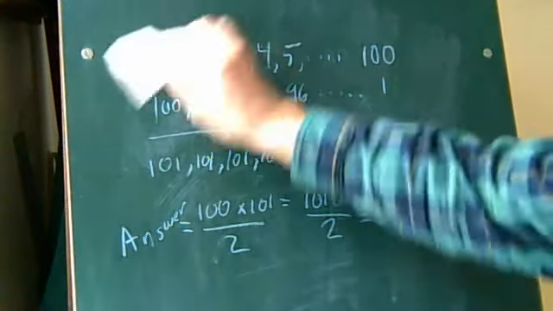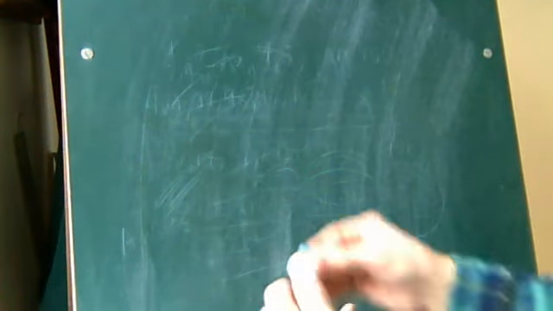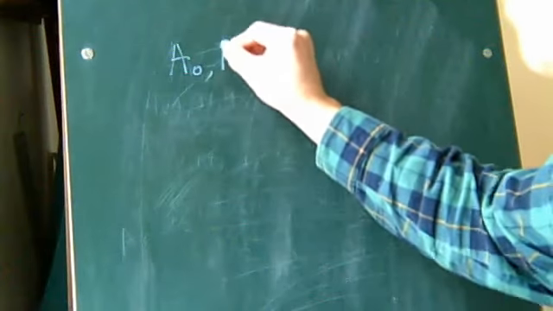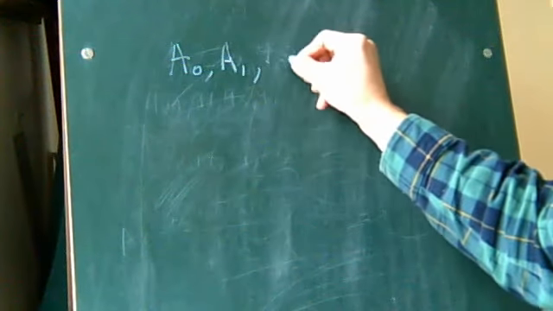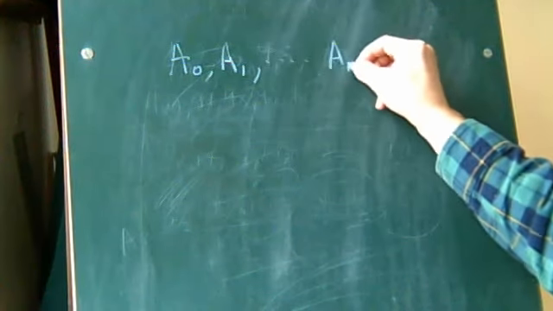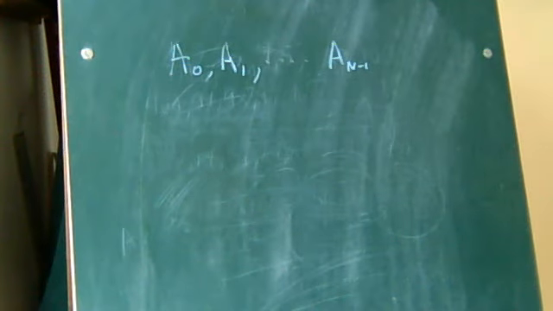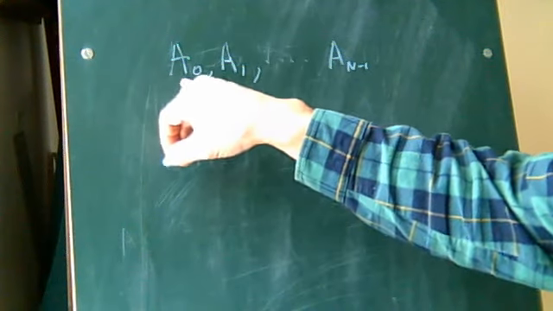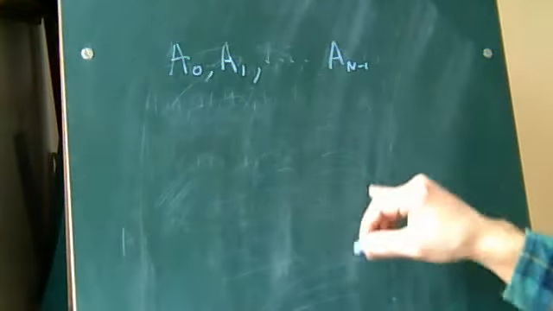So to get a general formula, let's write it like this. Let's say the series was like this: A0, A1, up to A to the n minus 1. These are subscripts, but I'm just saying that I'm going to start the first one and call it 0. There's going to be a total number of n.